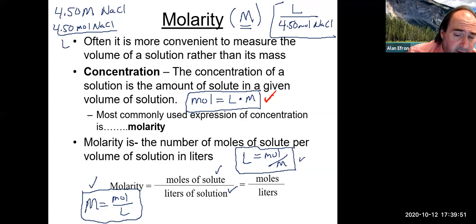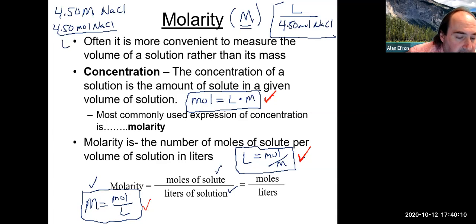Also, this one down here, also very commonly done, this rearrangement as well: sometimes you're just interested in the volume that you may have, and that is equal to moles over the molarity. And lastly, obviously, just straight solving for molarity is also a very common way.